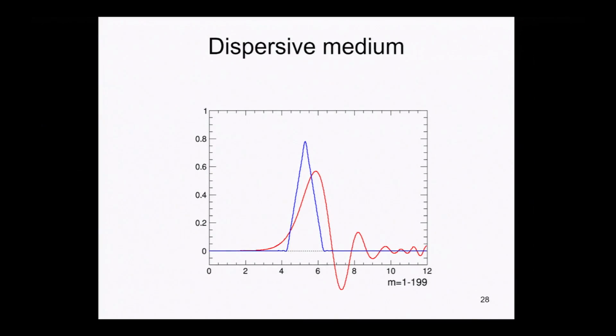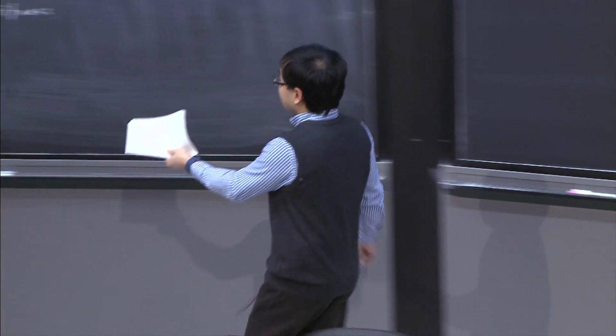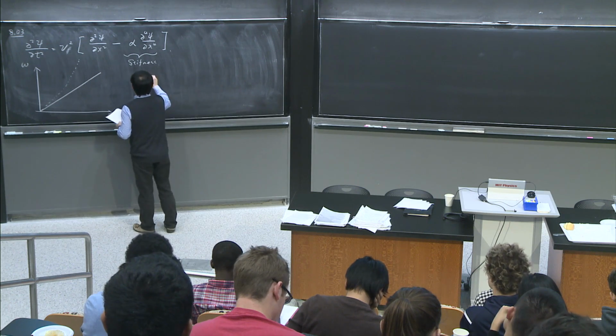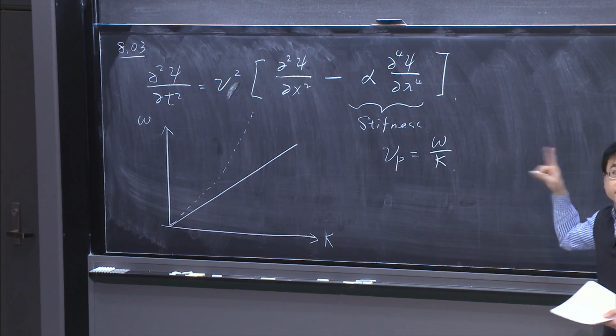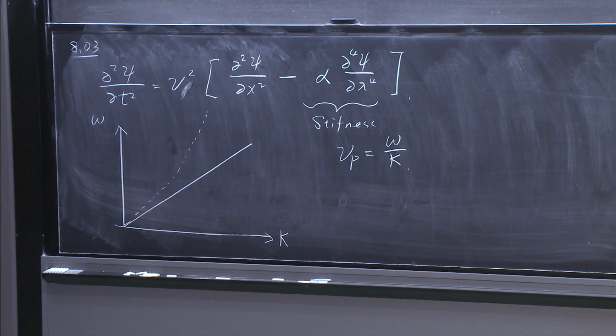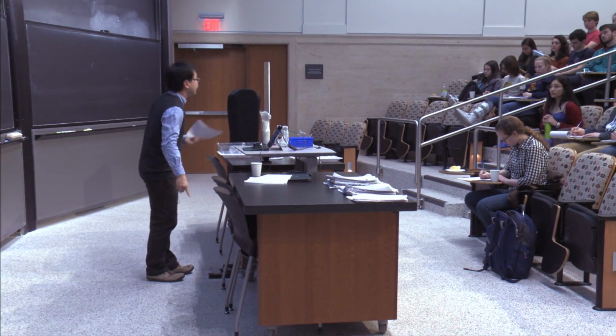Okay, and there are geometrical consequences from this, right? That means if I have a traveling wave with different wavelengths, the phase velocity Vp equal to omega over k is going to be different for waves with different frequency or different wavelengths.